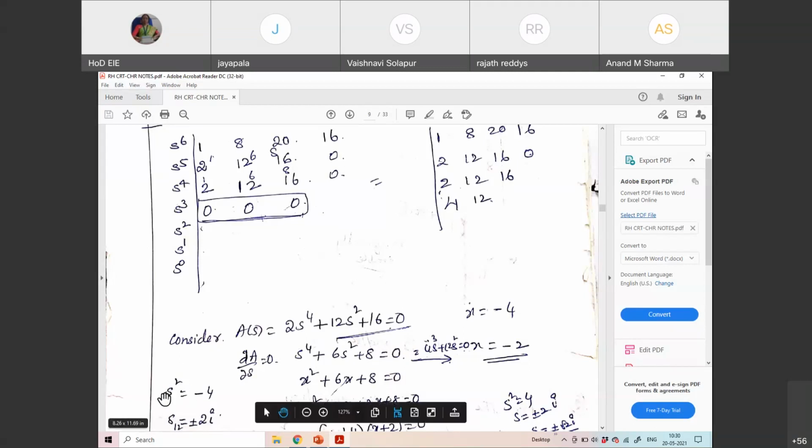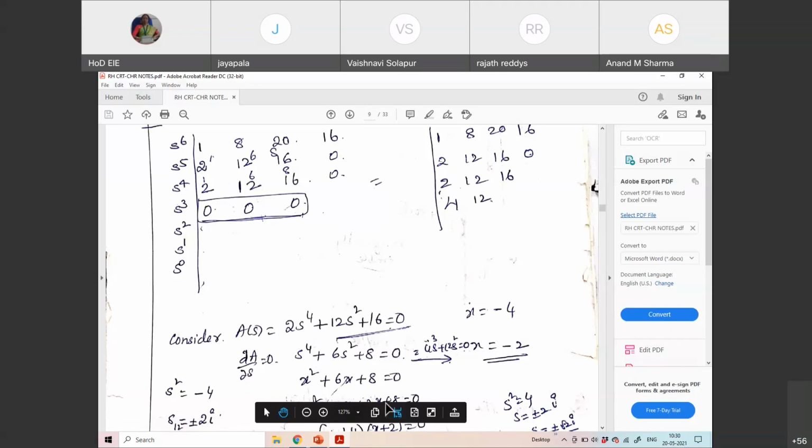X is nothing but s square, isn't it? So what are the roots? x square plus 6x plus 8, right? So 4 into 2 is 8, x square plus 4x plus 2x plus 8, right? So x is equal to minus 4, x is equal to minus 2 are the roots.